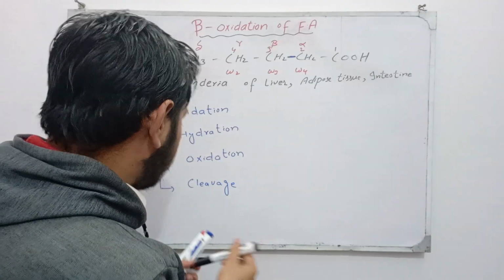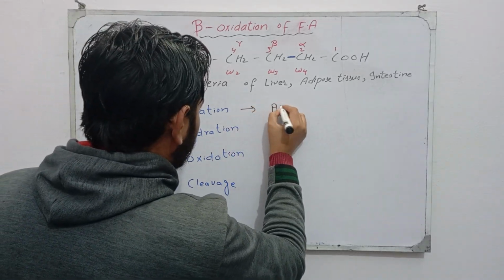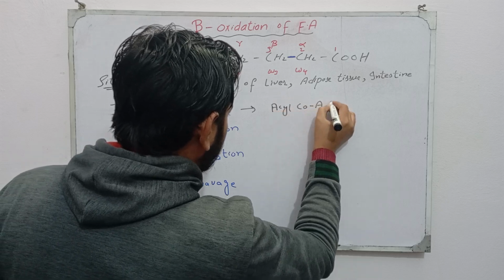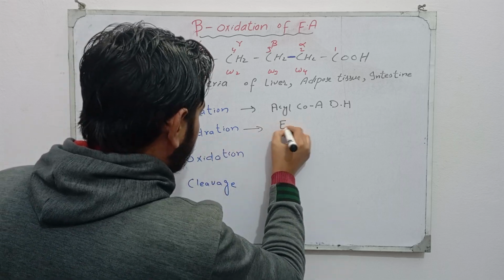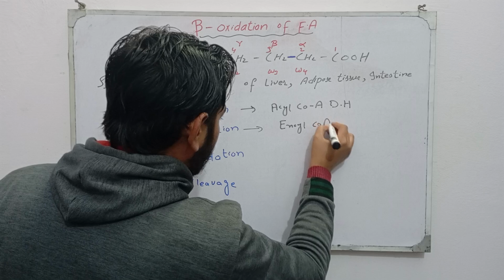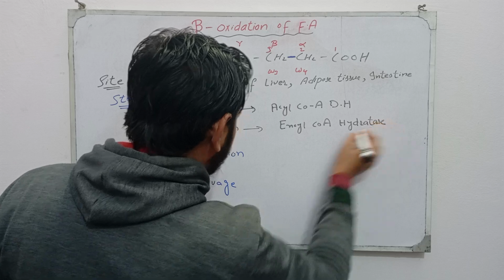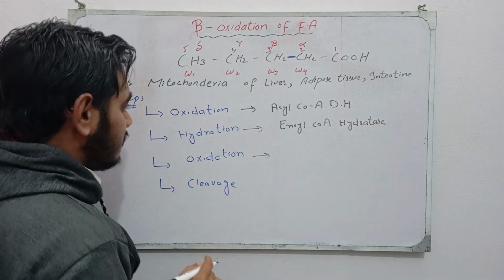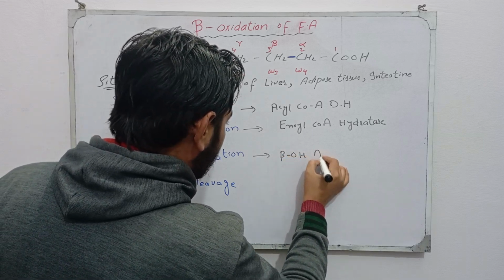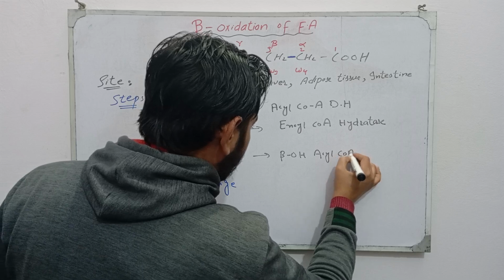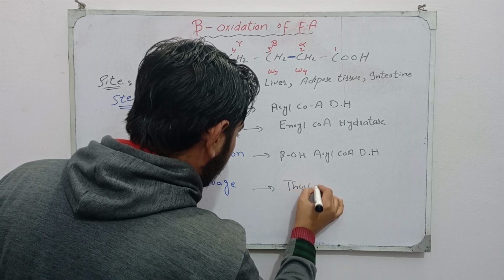The first oxidation process takes place with the help of acyl CoA dehydrogenase enzyme. Hydration process takes place with the help of enoyl CoA hydratase enzyme. The second oxidation process takes place with the help of beta hydroxy acyl CoA dehydrogenase enzyme, and the cleavage process happens with the help of thiolase enzyme.